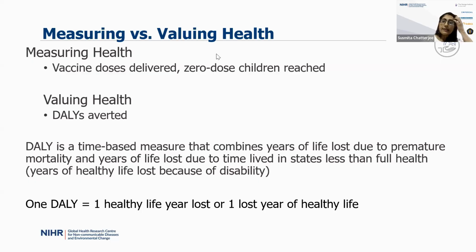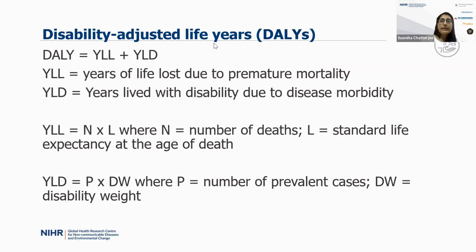Okay. So I hope you understood that DALY basically is the combination of morbidity and mortality. Here is the formula for DALY. DALY is equal to YLL plus YLD. This YLL is the years of life lost due to premature mortality. I gave the example: the child died at the age of 10 because of polio.